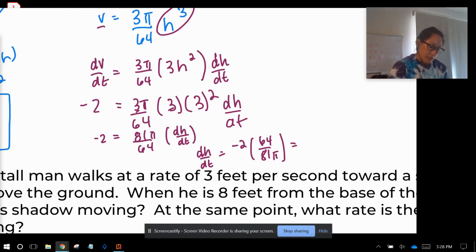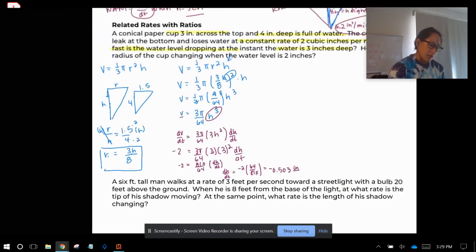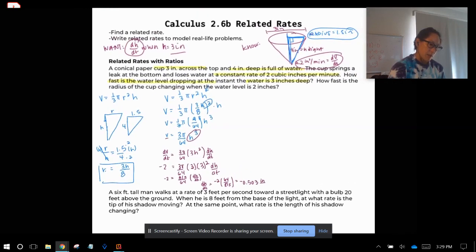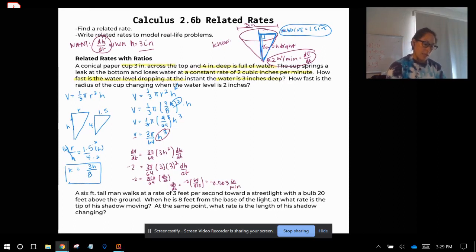It is -0.5030. So when I truncate and round, I just get -0.503. And then we need some units. Since we're talking about the change in height with respect to time, it's going to be inches per minute. All right, and that is part 1.